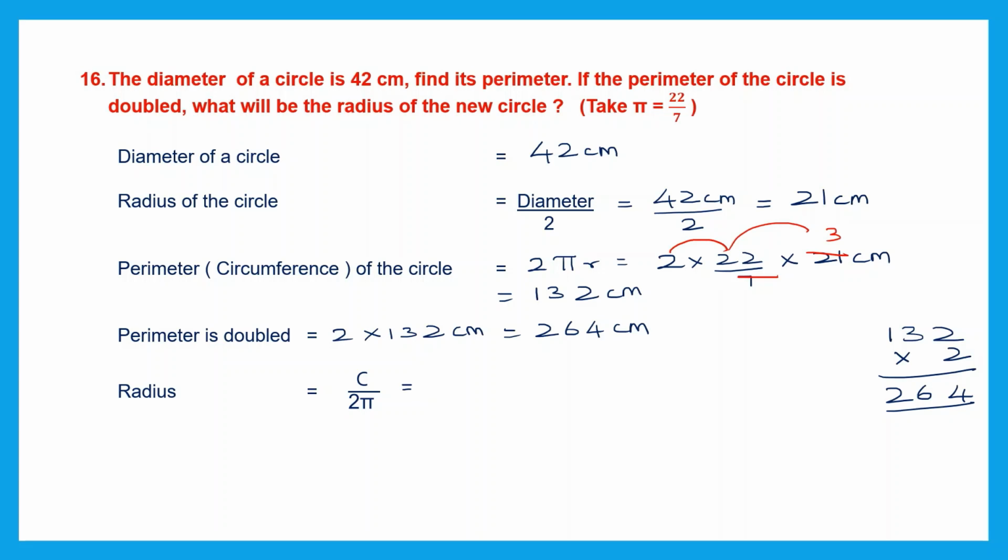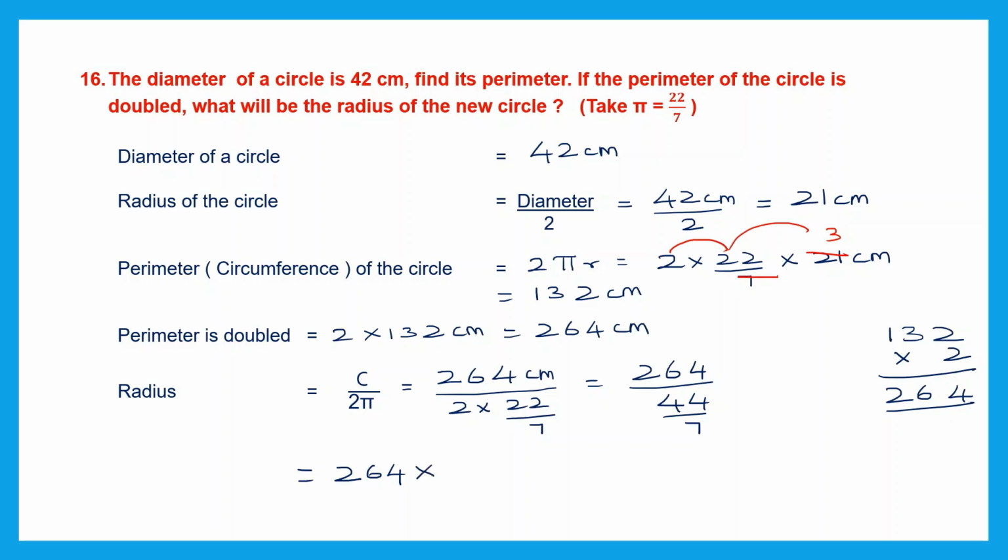So circumference is 264 centimeters by 2 pi, means 2 into 22 by 7, which is 264 by 2 into 22 is 44, 44 by 7. Now this, when you write it as division of fractions, it becomes 264 divided by 44 by 7.